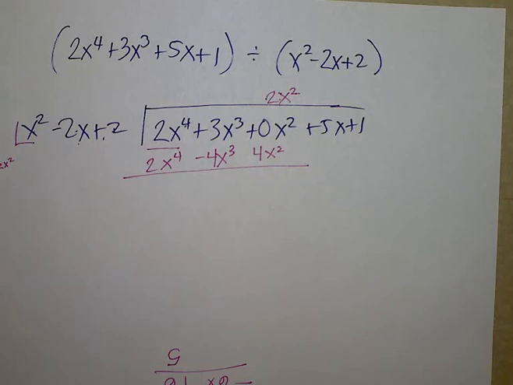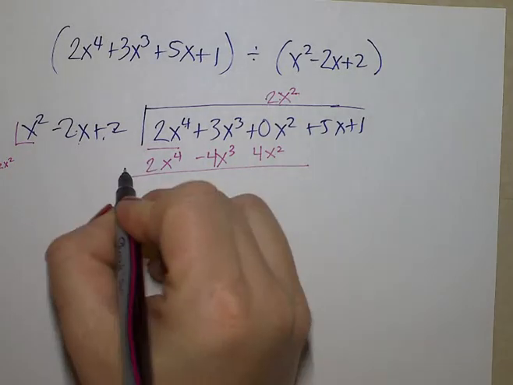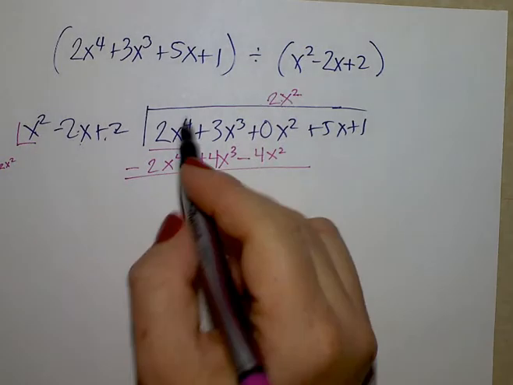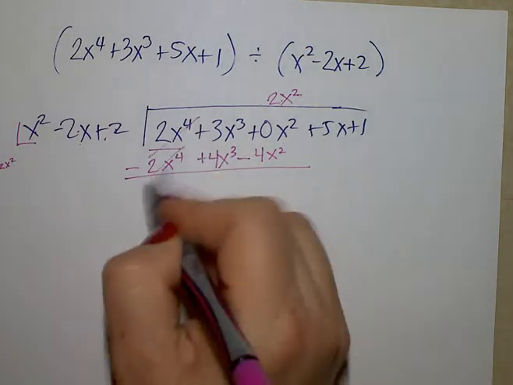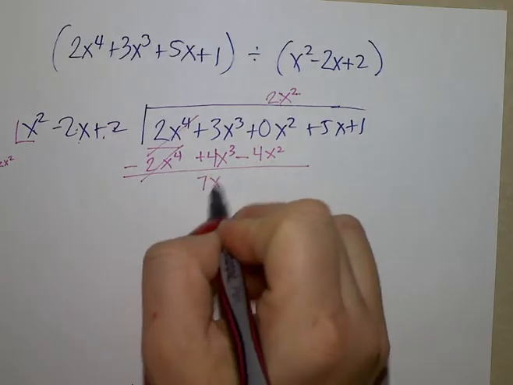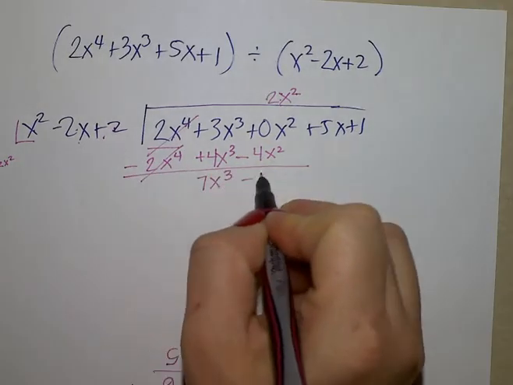Now I'm going to change the sign of everything at the second level. And then I'm going to combine downward. So the first term cancels in front, which is what we want to achieve every time. It combines to equal 7x to the third minus 4x squared.